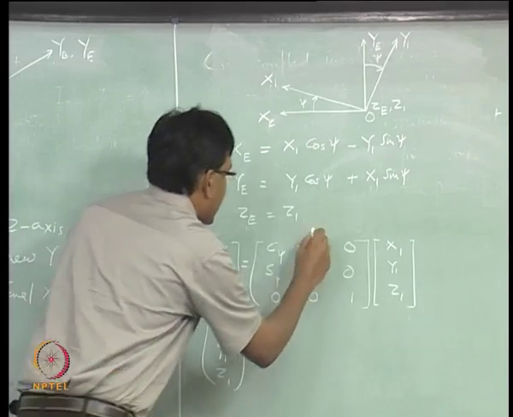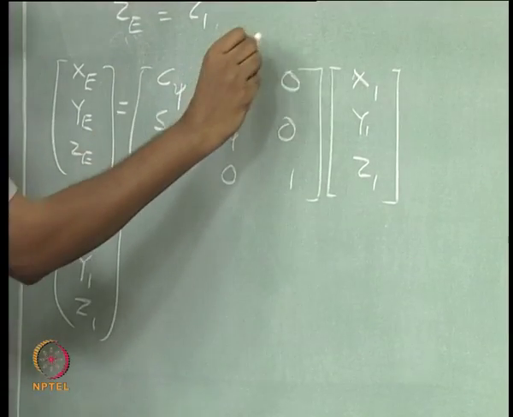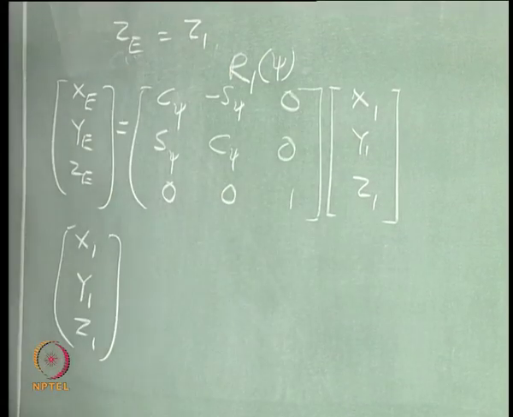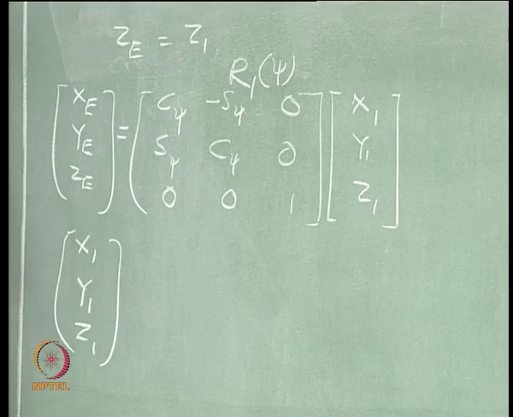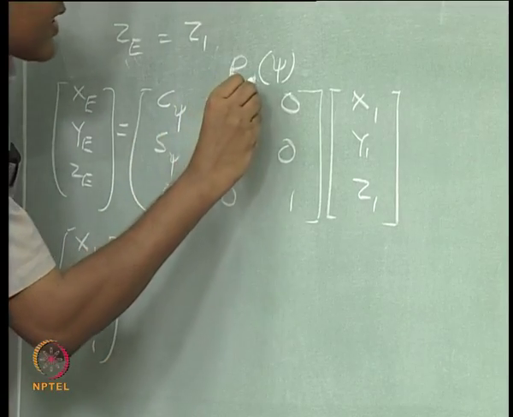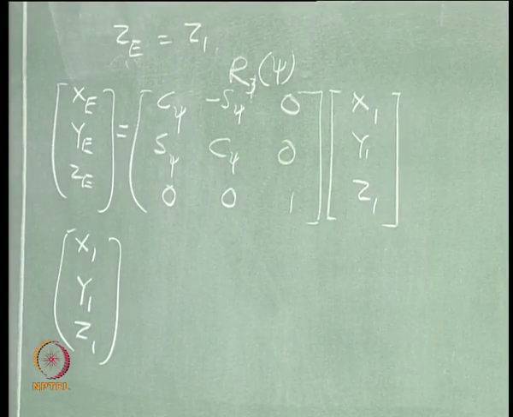So this matrix you can also call as R3. So, rotation about the third axis, I will call this R3, let us say, right.